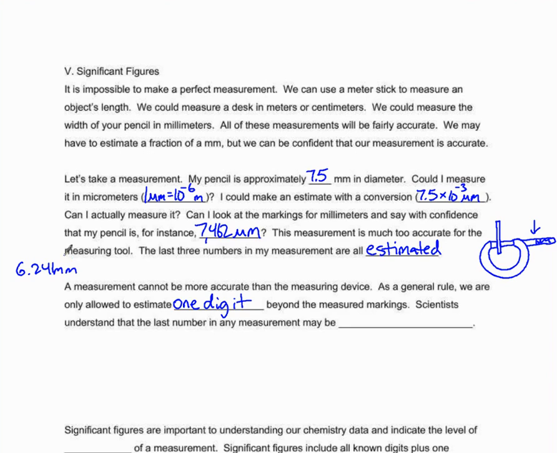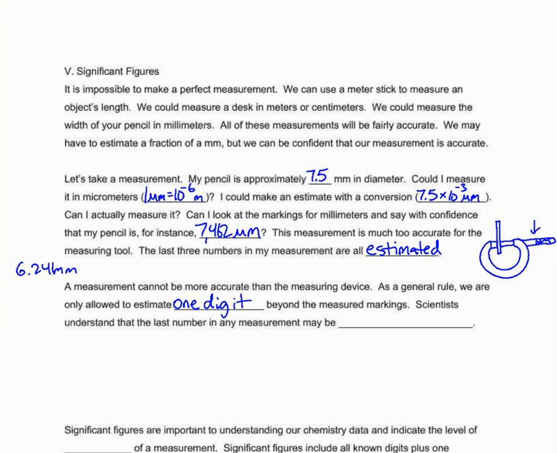This one, I estimated 1 digit, it was the 1. But 6.24 millimeters is a very sure thing. I added on 1 digit because we are allowed to estimate 1 digit. I had markings for 6.24 and I had markings for 6.25, and it looked like it was just above 6.24, and so I added a digit.